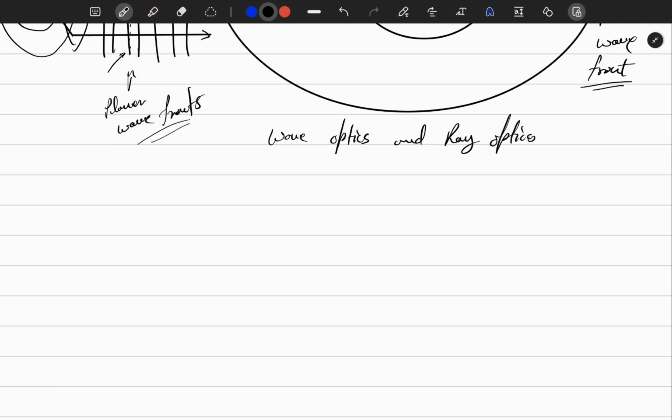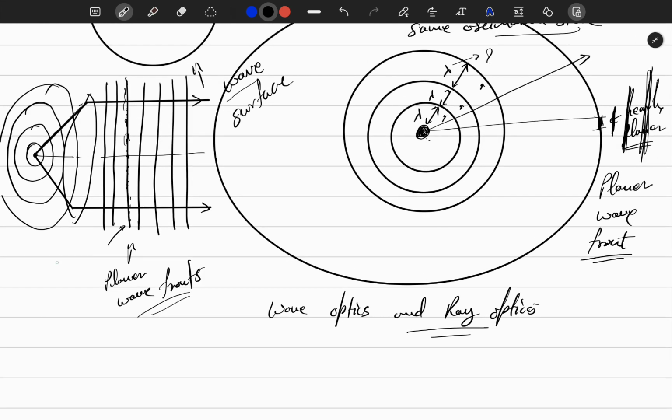We see here that in the case of this lens, ray optics and wave optics give us the same results for the phenomena of reflection and refraction, but we cannot explain the phenomena of interference, diffraction, etc. with ray optics.